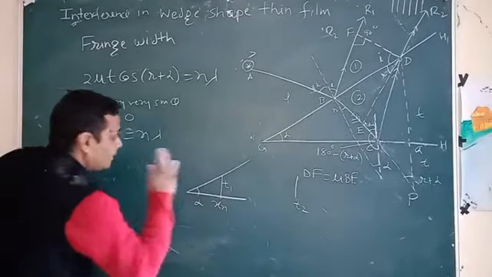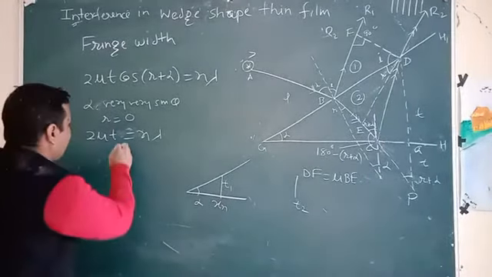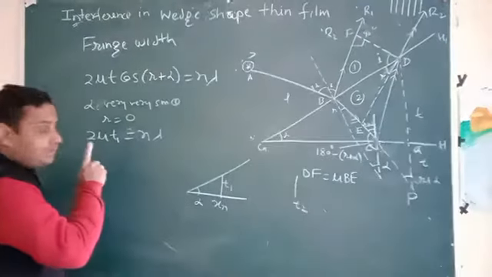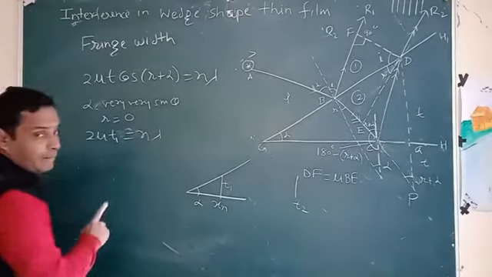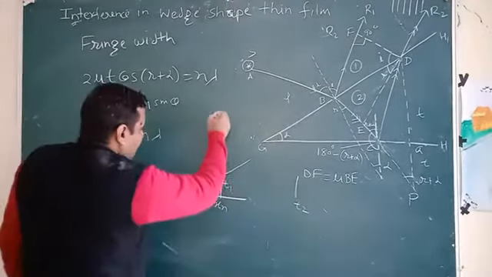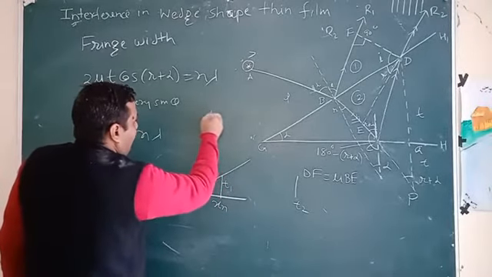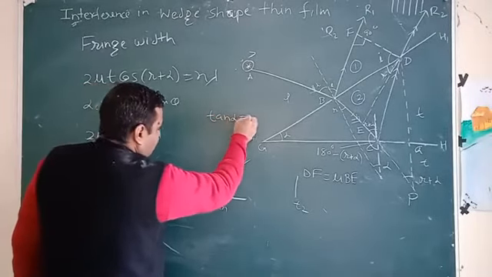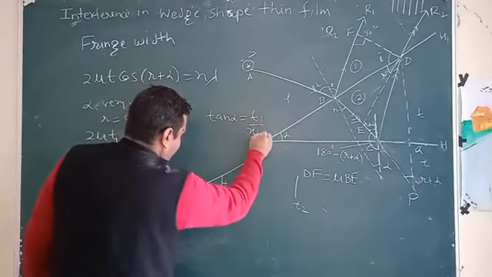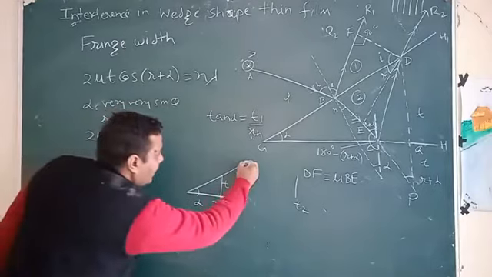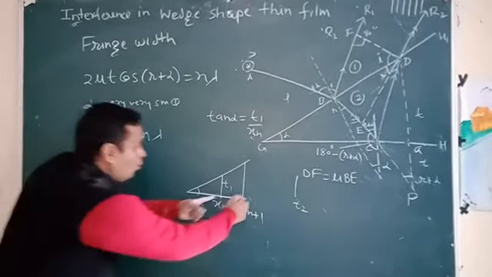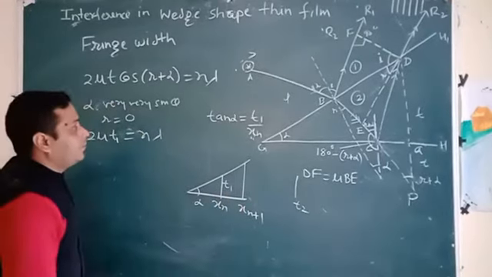Now in our case, at thickness T1, the condition is 2 mu T1 equal to n lambda. From this triangle we can easily calculate tan alpha is equal to T1 upon xn. Now for the other, xn plus 1, two consecutive dark fringes.